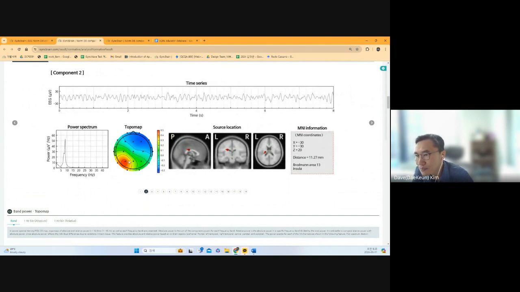The second component is coming from x minus 30 millimeter on the left, and this is the posterior area, y minus 30, and z is 20 above the horizontal line. So right posterior area, and the projection is in this direction.